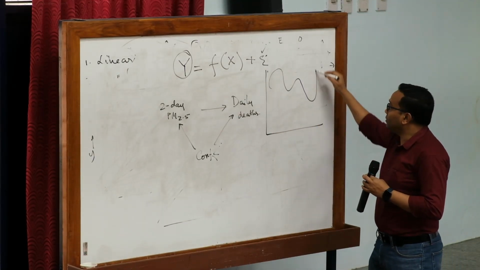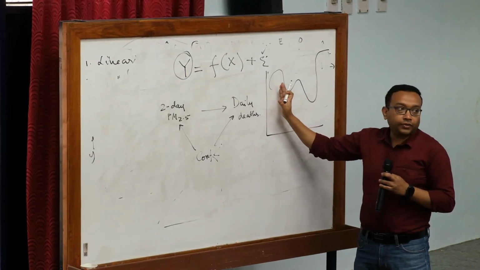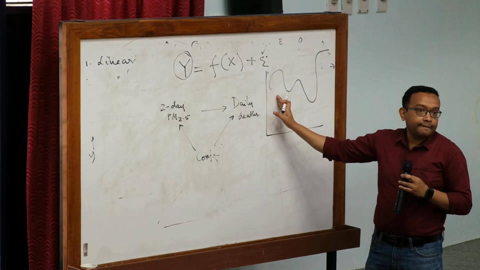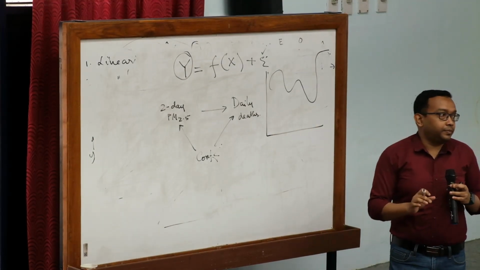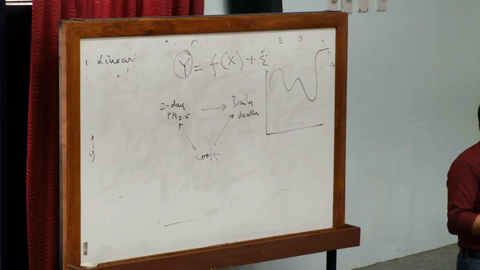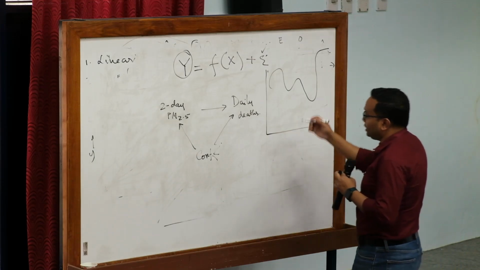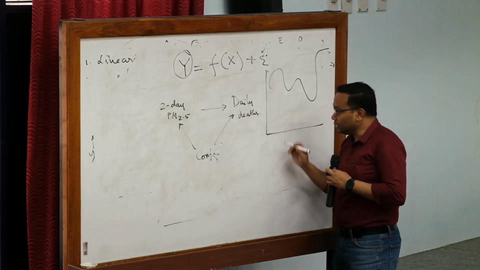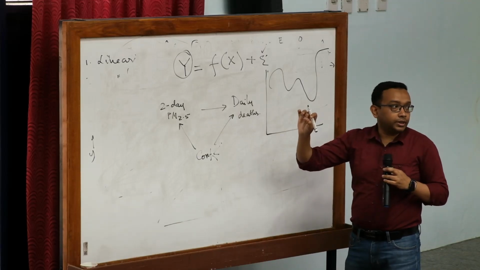So if I have to do this, then I need something called a basis, a B-spline. B-splines are things like this. So imagine, this is the function that we are trying to approximate.